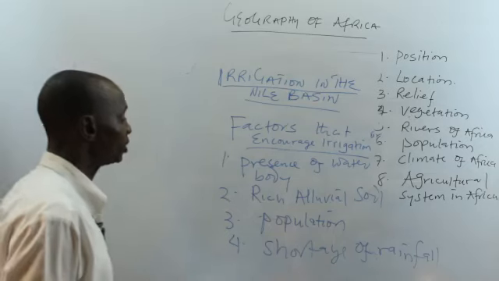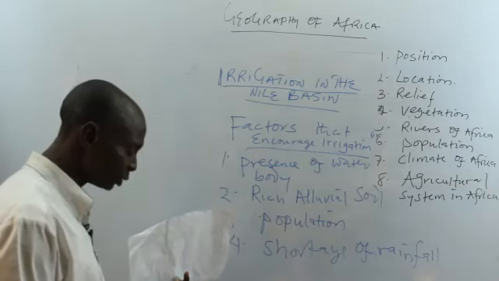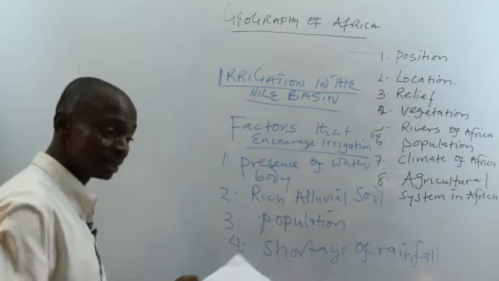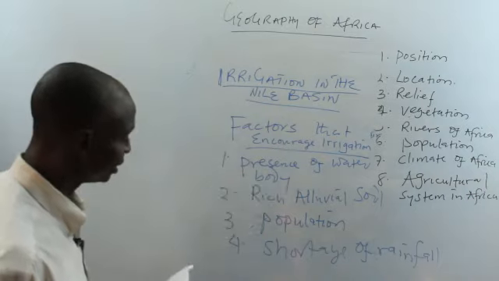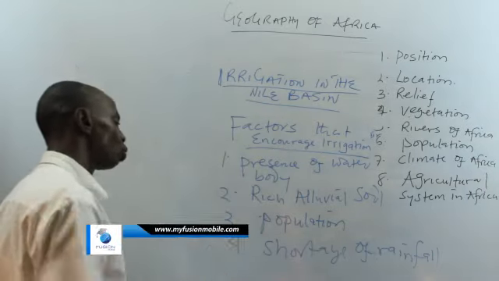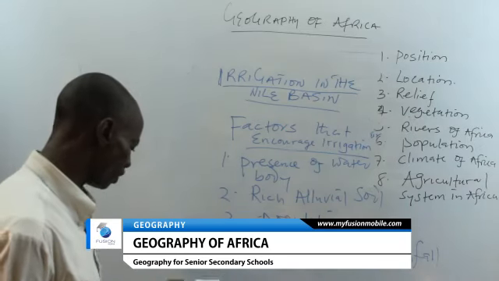So we have presence of water bodies, we have rich alluvial soil, we have population. The population in that environment must be ready to tap the water resources, and also there must be shortage of rainfall.